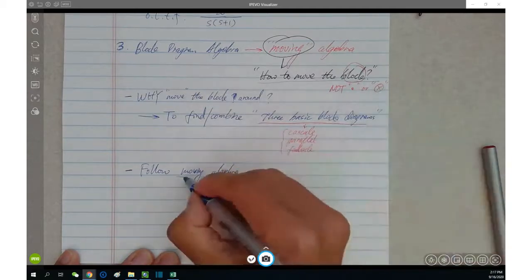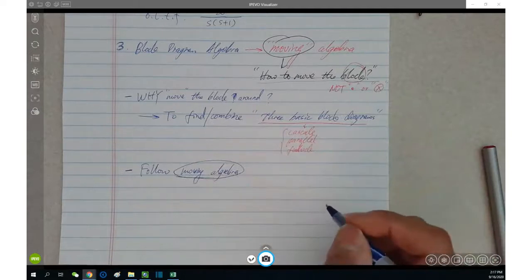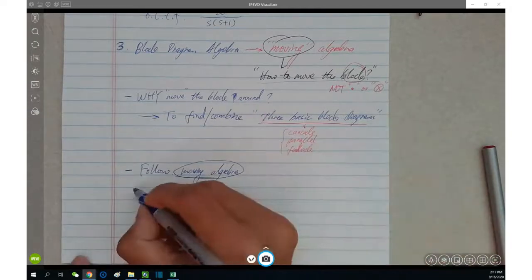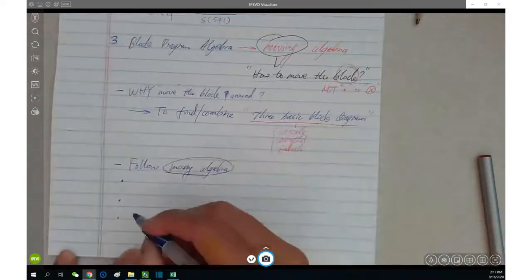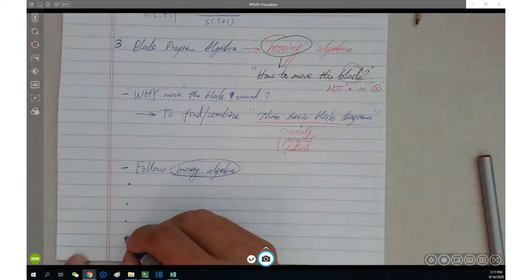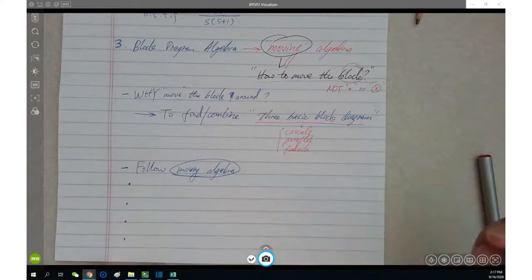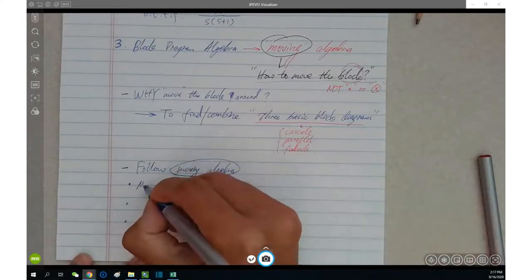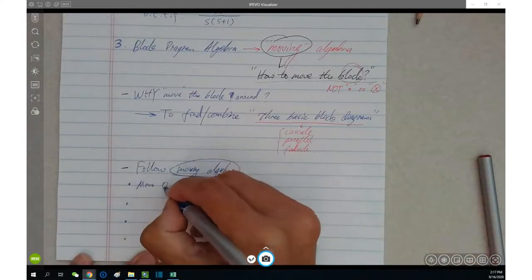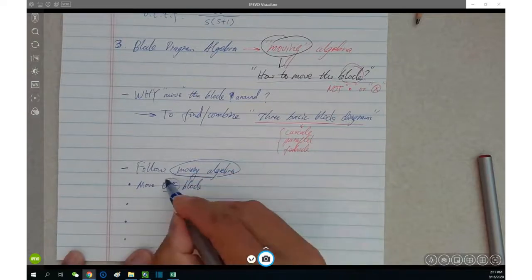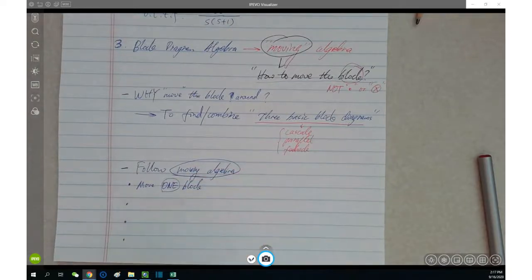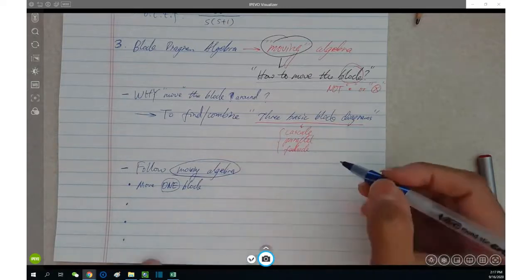We have four operations to do. Move one block, one block at a time. You're not moving more than one block at a time. Move one block.